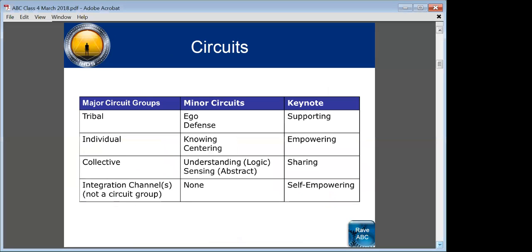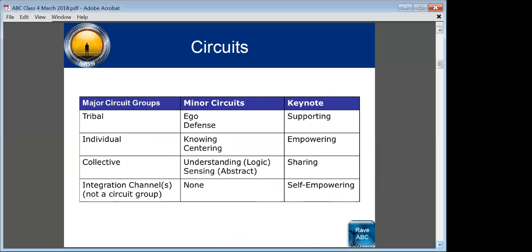So this table will give you, in one slide, a snapshot. We have the major circuit, which is the 3. There's also a few channels that are not part of a circuit. We'll describe those. It's called integration channel.